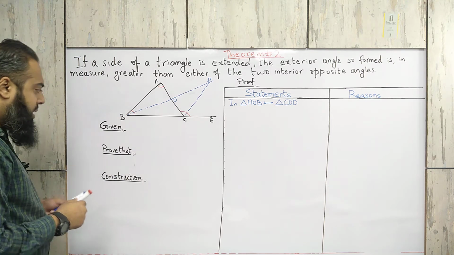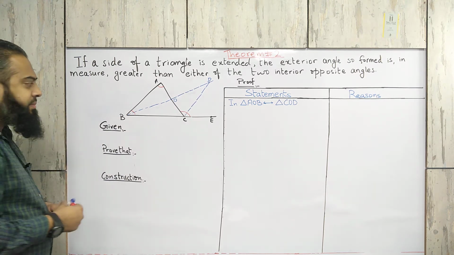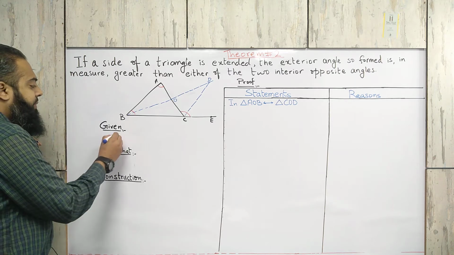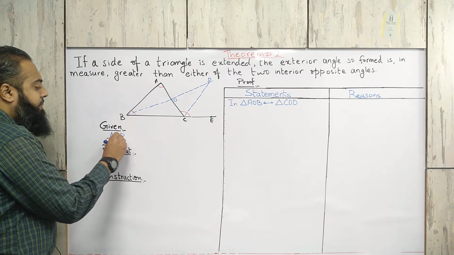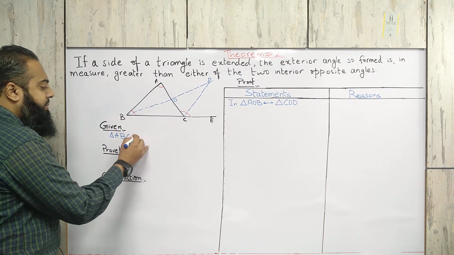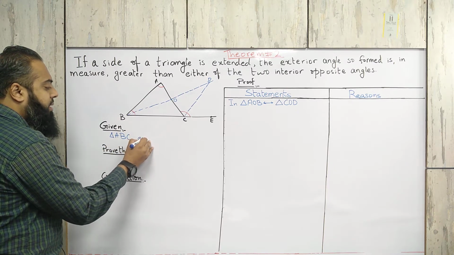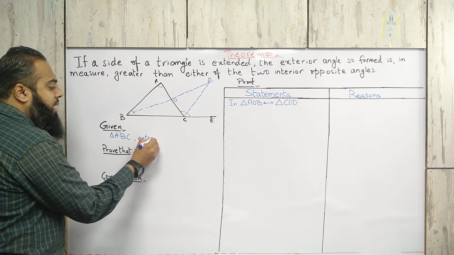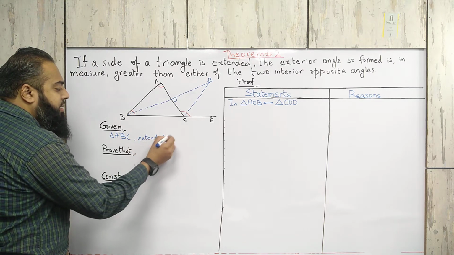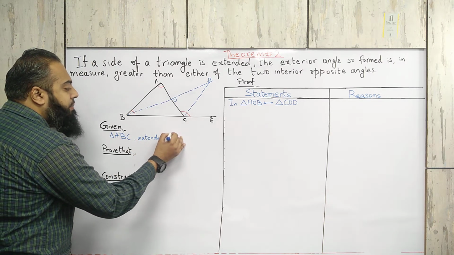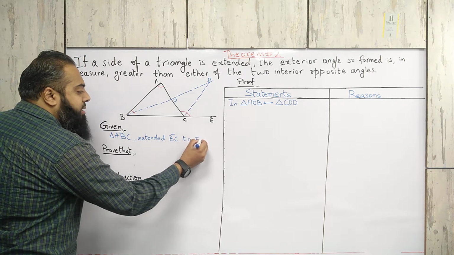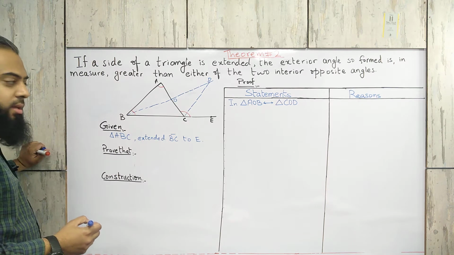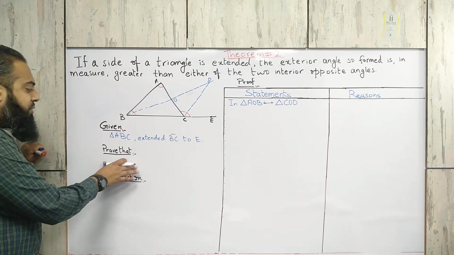So what we have given is a triangle ABC, extended line BC to point E. And what we have to prove?